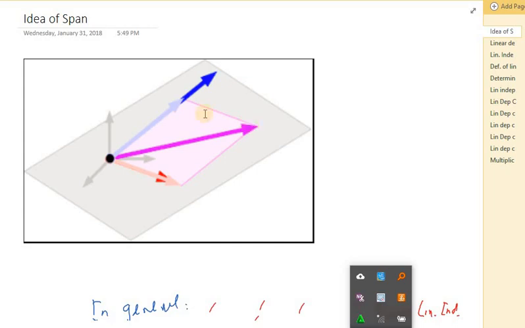This is called the parallelogram law. You can see there's a parallelogram. If I follow first the blue vector and then the red vector, this side here is parallel and equal in length to the scaled up red vector down here. So I add the blue vector and then add the red vector, with the tail of the red vector at the head of the blue vector. It makes a parallelogram.